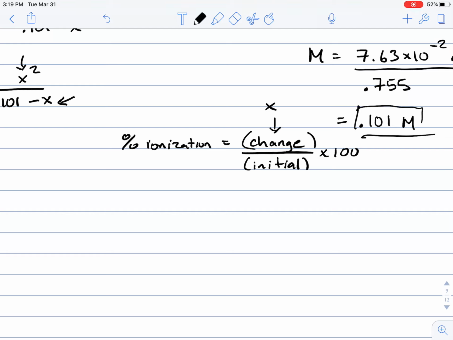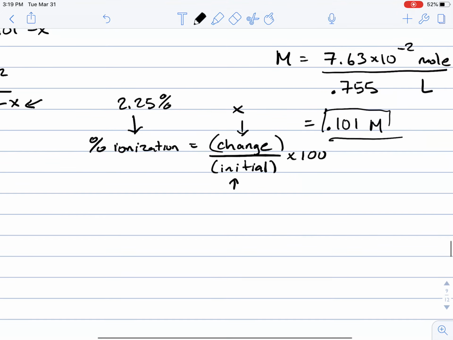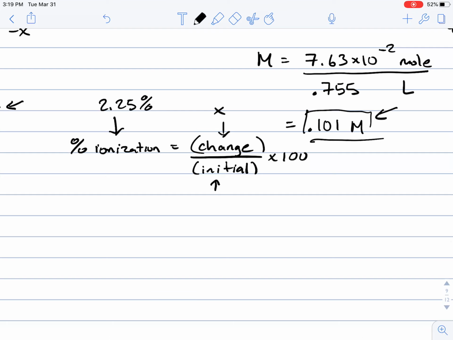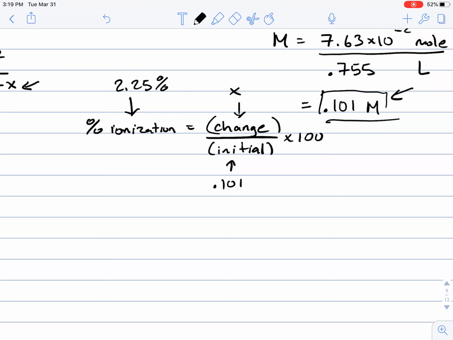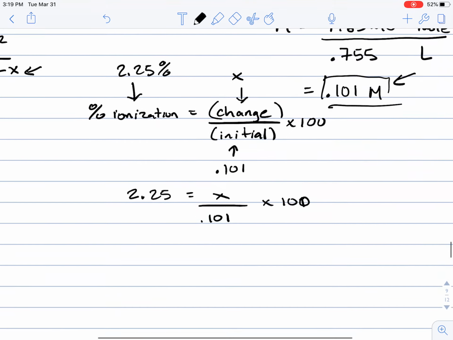And this percent ionization, we already know that value. That's 2.25%, coming from the problem. And here the initial concentration is something that we've already calculated, which is 0.101. When we substitute all of these parts, we have 2.25 equals x over 0.101 times 100.